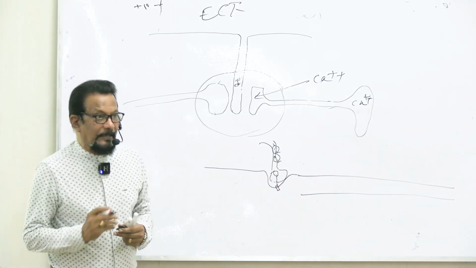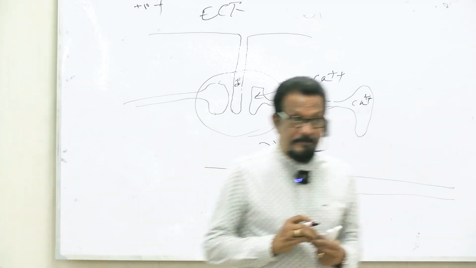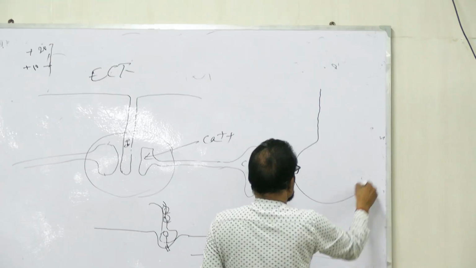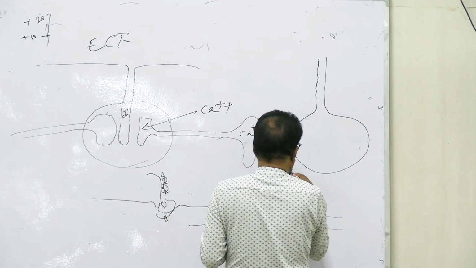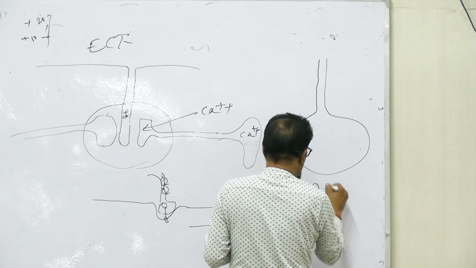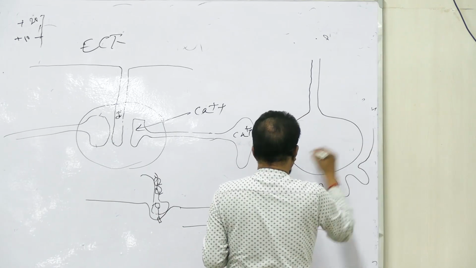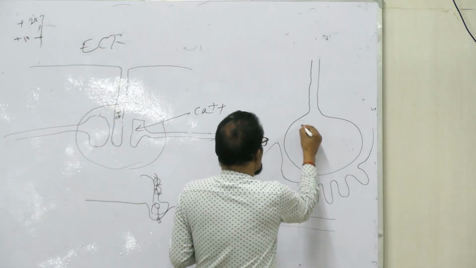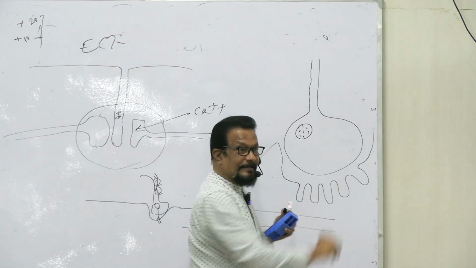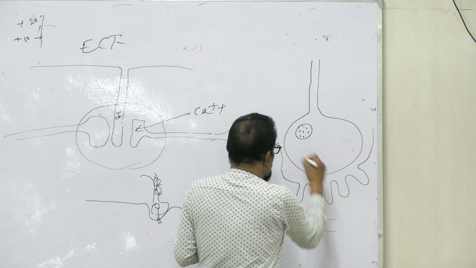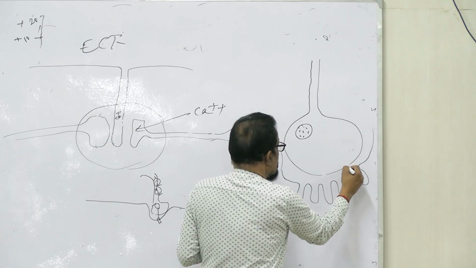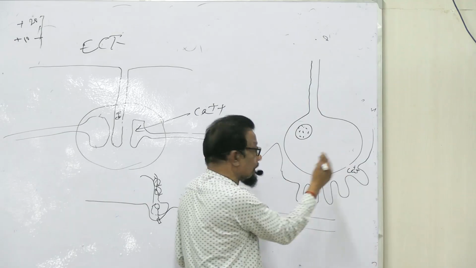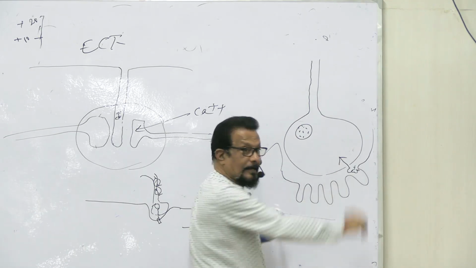to a receptor, the acetylcholine receptors. Let me draw a bigger picture. Motor end plate, synaptic vesicle containing acetylcholine. When the action potential arrives here, calcium ion will enter.